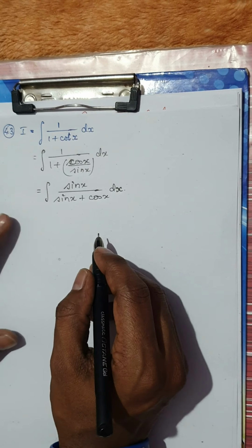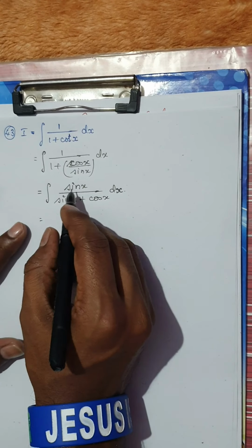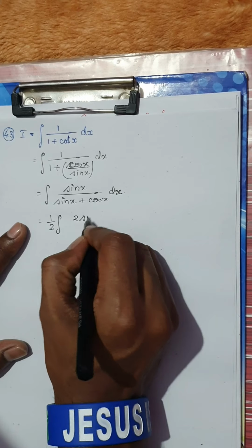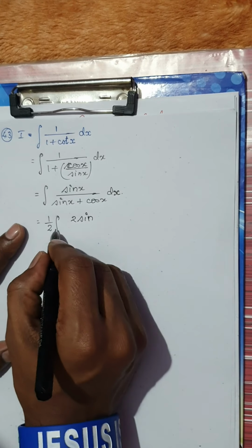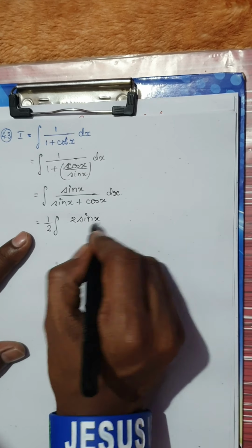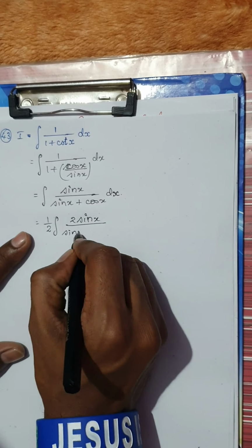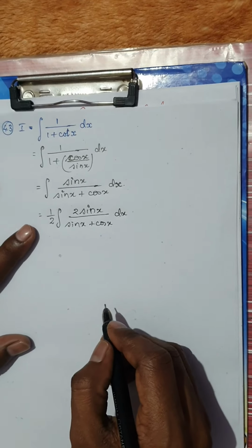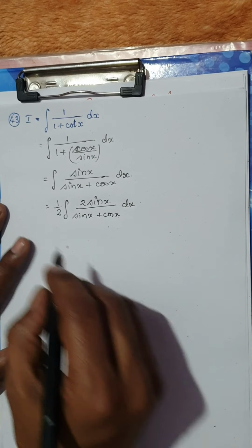Now I will multiply and divide by 2. So I will get 2 sin x divided by 2, which is just sin x divided by sin x plus cos x dx. Remember, I have not integrated this, I am just making some arrangements.